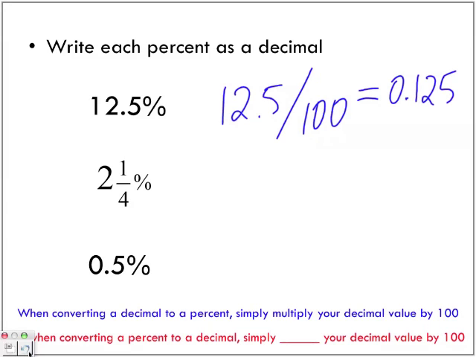Now this next one, 2.25%, right? We talked about this way back when we were talking about fractions. How am I going to convert this one quarter? You can write it as a decimal, which is 2.25. Because this 2 is the whole number. So what we're going to do is we're just going to take the 1, divide it by the 4 to find out what after the decimal number is going to be.